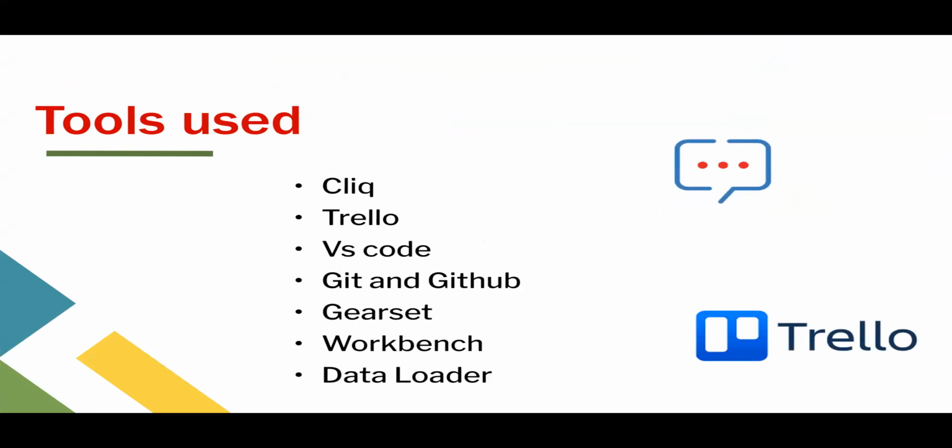Next. And these are the tools we used in this project. Like Click as a tool where all the team members will connect and collaborate with each other. The stand-up meetings and Scrum meetings, everything will be held in this Click application.